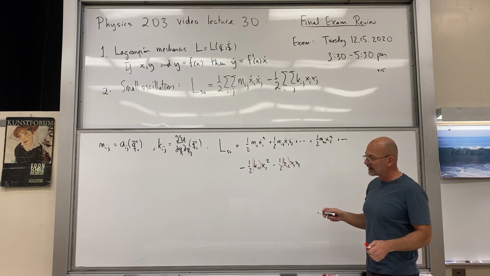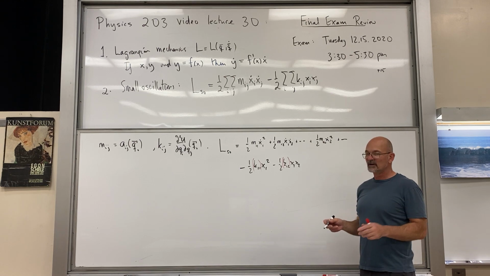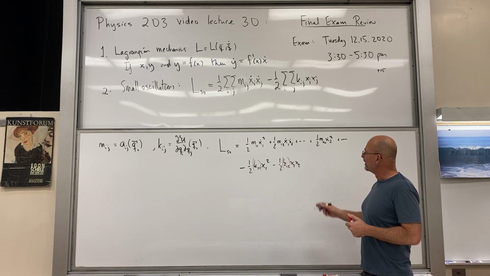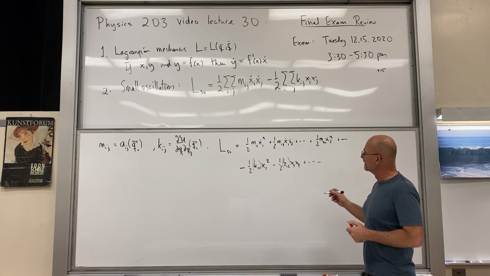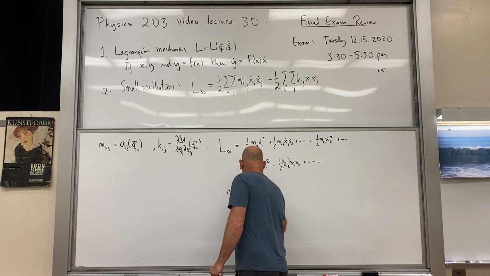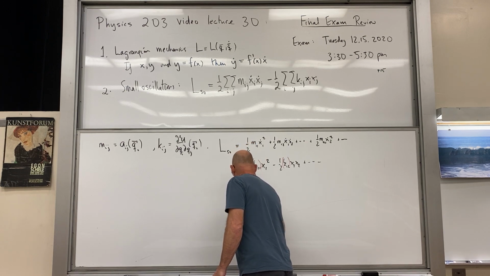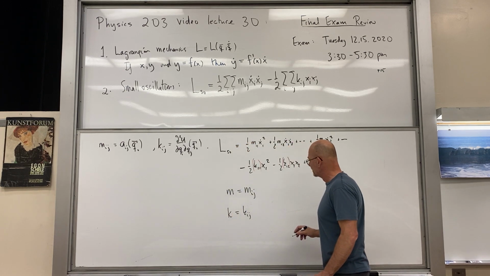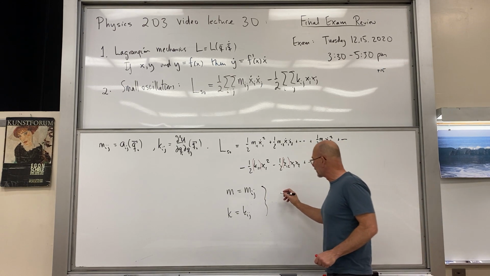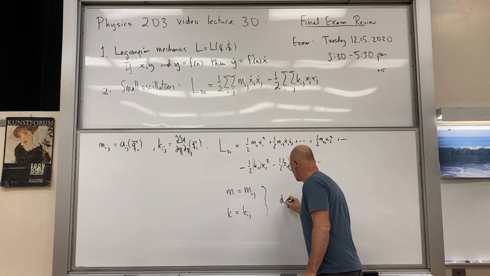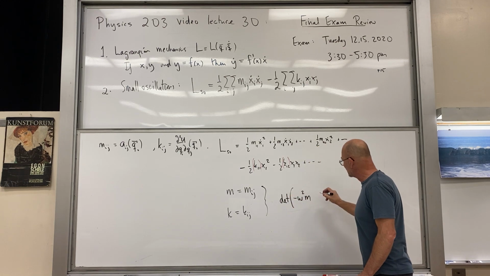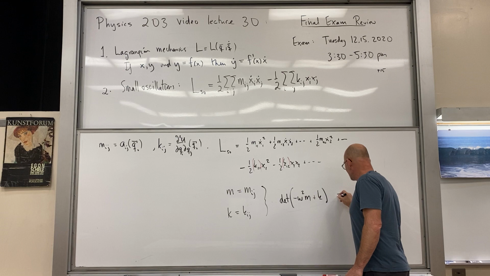So once you have those matrices, and we do 2 by 2 or 3 by 3, we don't go bigger than that, then you've got the matrix M and K. And to get the characteristic frequencies, your characteristic polynomial is the determinant of this matrix, minus omega squared M plus K, equals 0.